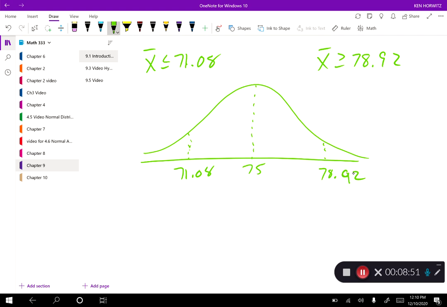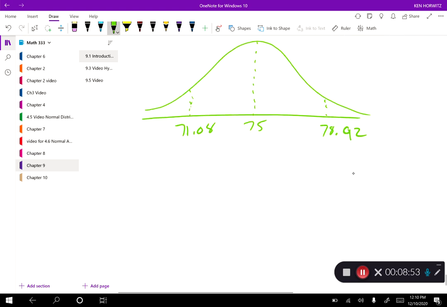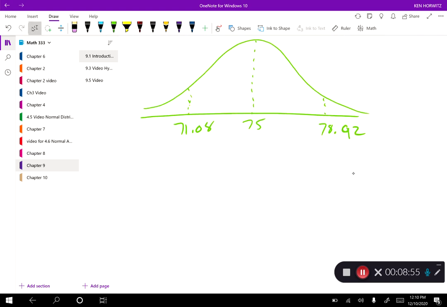All right. So now I'm going to add a piece of information to this. What if we knew that mu equaled not 75, just kidding, because that would mean that we would be right if we did not reject.